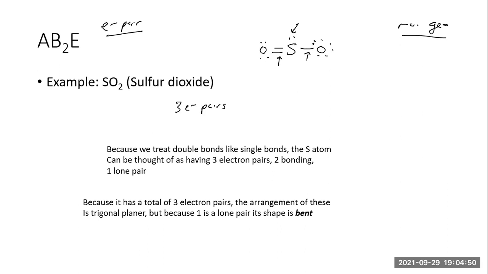In terms of bonds, it has 1 bond here, and again, the double bond only counts as 1. So that is 2 bonds. Again, the electron pairs determine the geometry of the electron pairs, and it has 3, which means it is still trigonal planar.